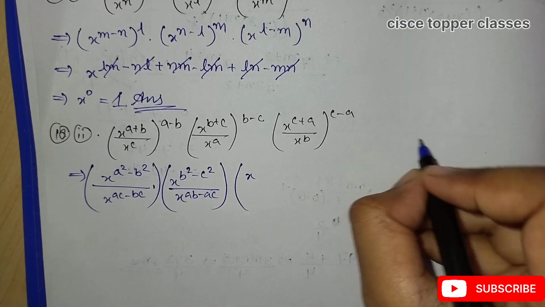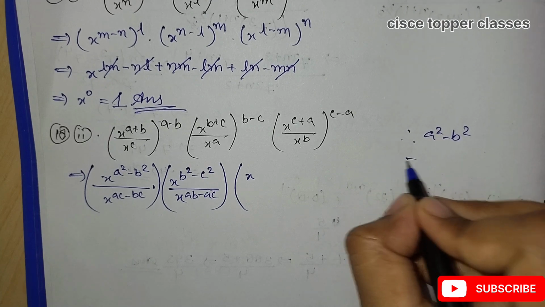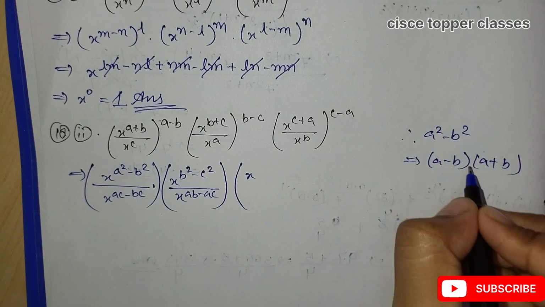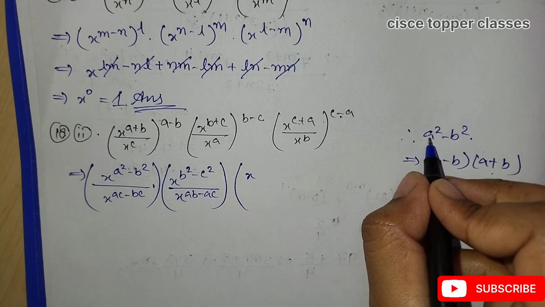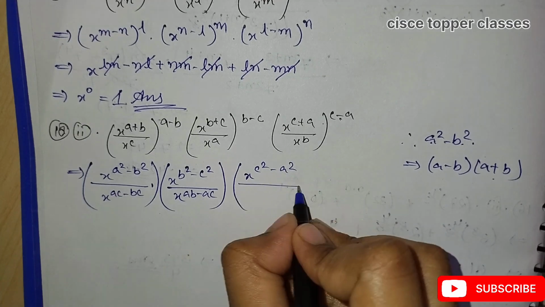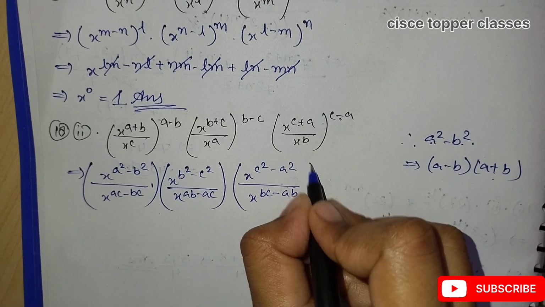Here also same formula, because a square minus b square, if it is this formula I'm using here, which will be a minus b and a plus b. So we can write in this form as c plus a, c minus a is written, so it will be written as c square minus a square. So c square minus a square on denominator x to the power bc minus ab.